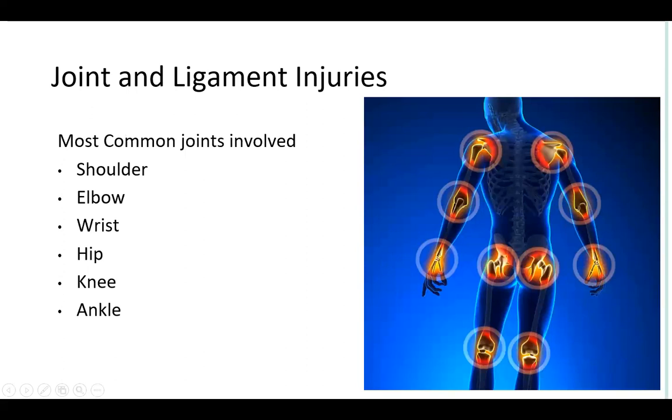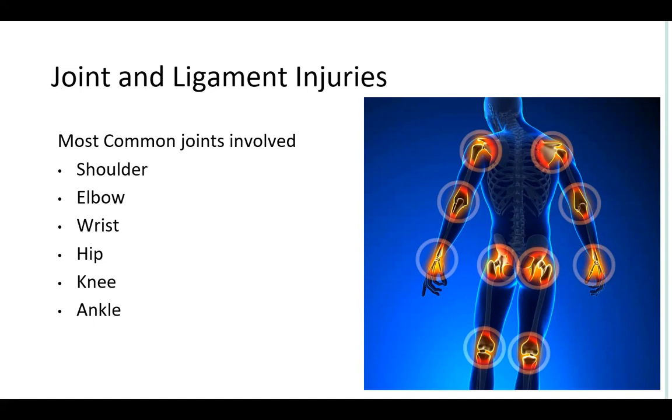Alrighty. So the term joint and ligament injury is very broad, so I'll try to make it as simple as possible for you guys. These are the most common joints. We have a lot of joints in the body, and each joint can have a joint injury. What I mean by a joint injury is an intra-articular type of injury, like an articular surface injury, depression, fracture, or something close to that.